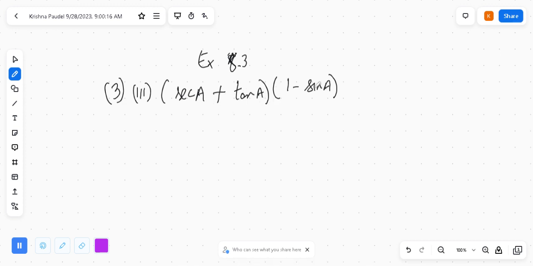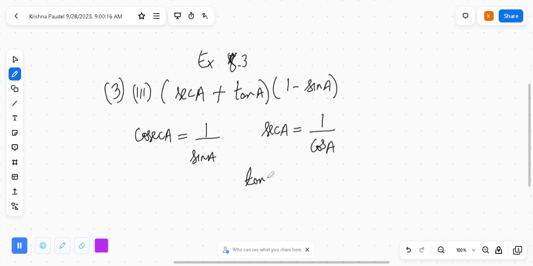How do we solve this kind of sums? And I had given the hint there that whenever we have a sum like this where we have to prove this trigonometric identity, we have to always use the hint, and that is whenever cosec theta or cosec A is there, we have to convert it to 1 by sine A. Whenever sec theta or A is there, we have to convert it to 1 by cos A. And whenever tan is there, we have to convert it to sine by cos.